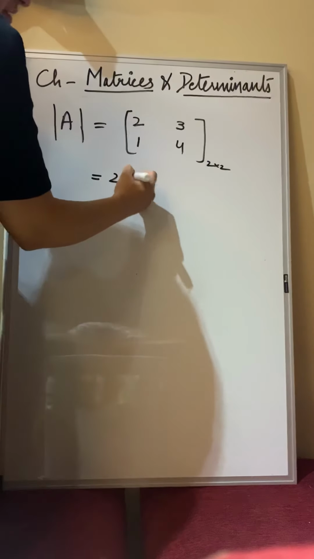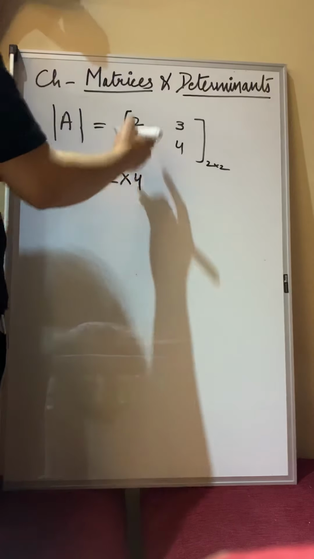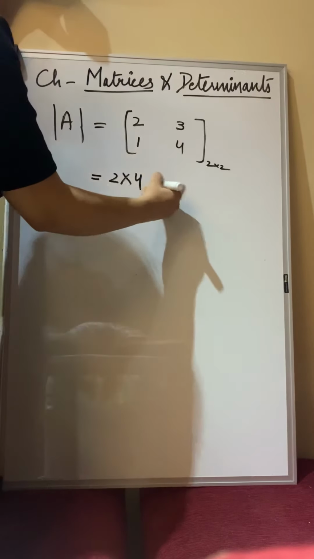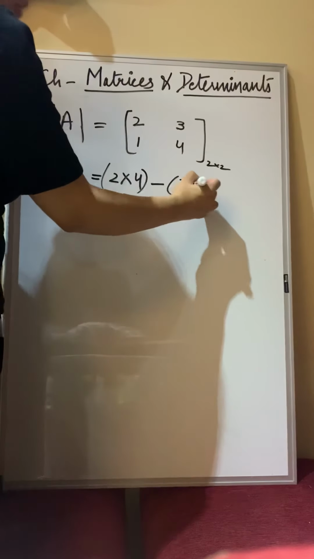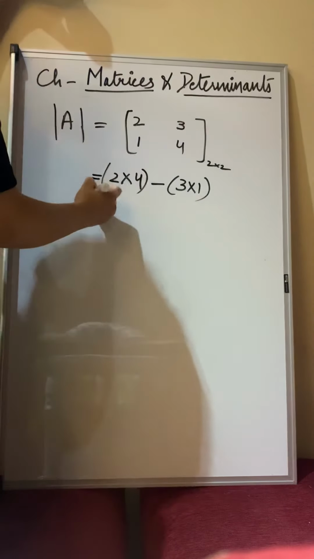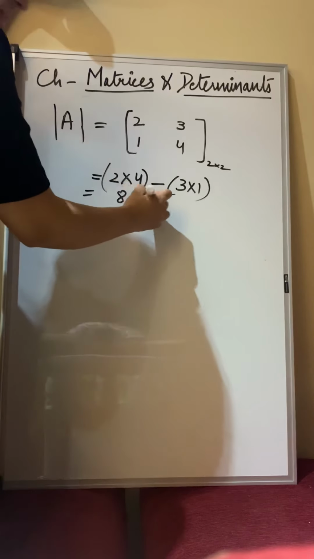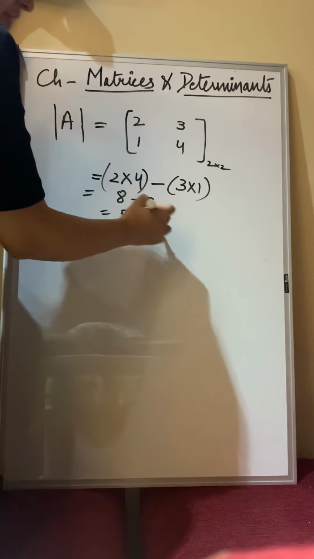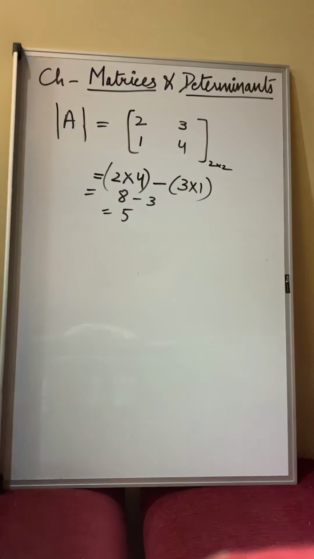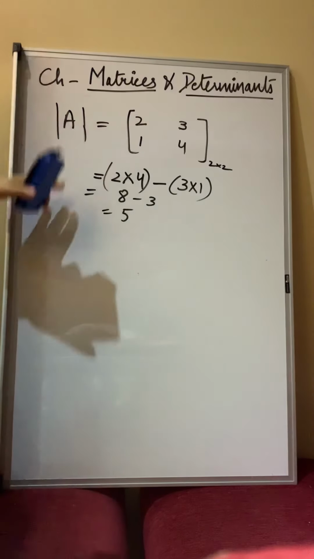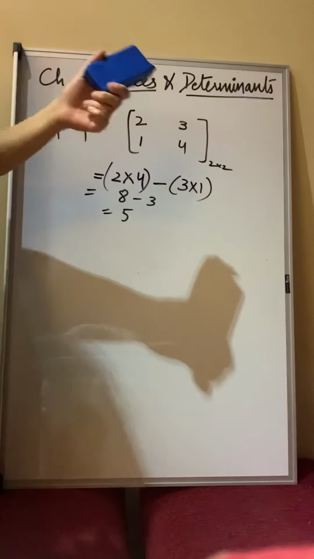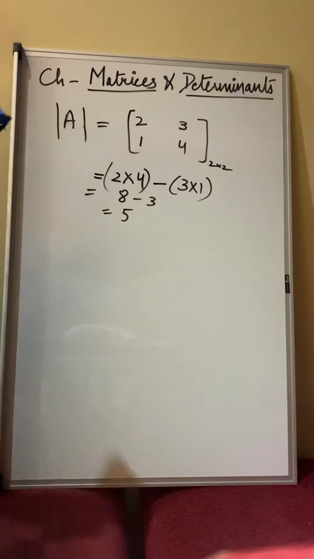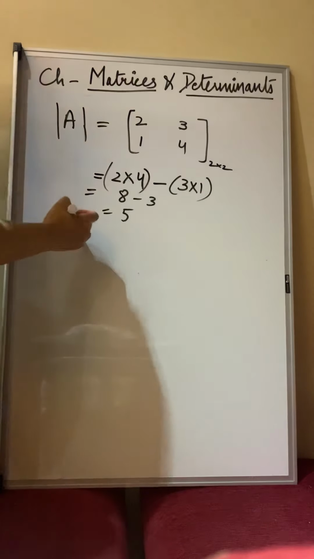So the result is 2 into 4 minus 3 into 1, which is 8 minus 3. The value of determinant A is 5. This is how we calculate the determinant of order 2:2. I hope this is very easy.